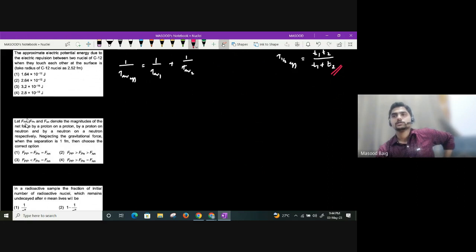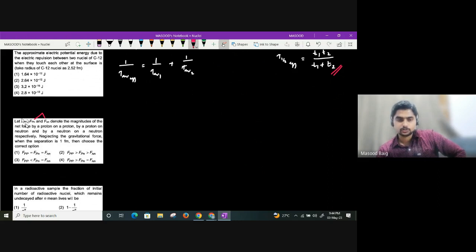So 1 Fermi is short range only. The short range means you are going to have strong nuclear forces, guys. The nuclear force of attraction is more. If I take the resultant force, between proton and neutron you will not have any electrostatic force. Here also no electrostatic force. So FPN and FNN both will be same.